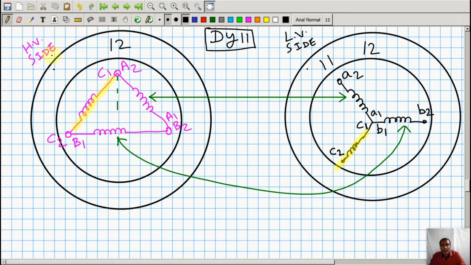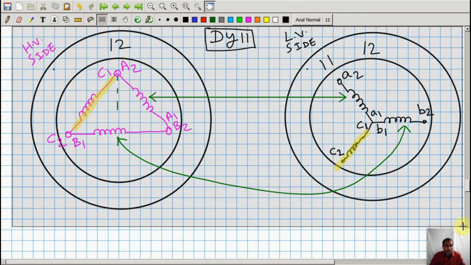Now we will make this a bit smaller, so that we have sufficient space. Let me make it smaller.